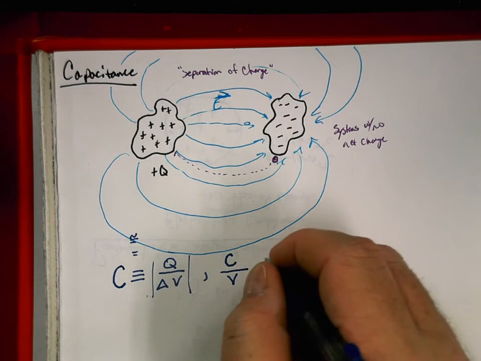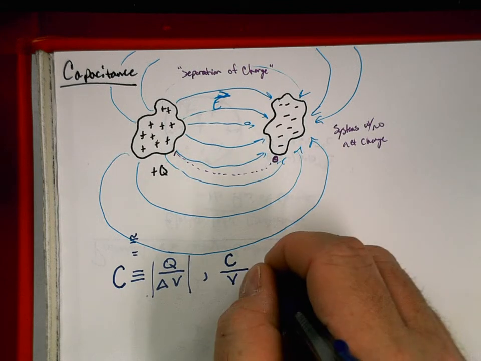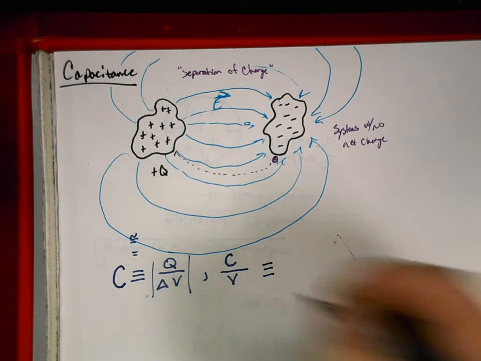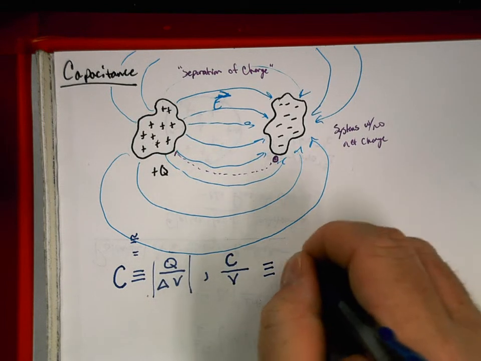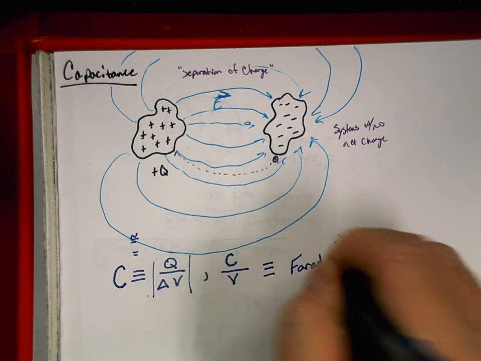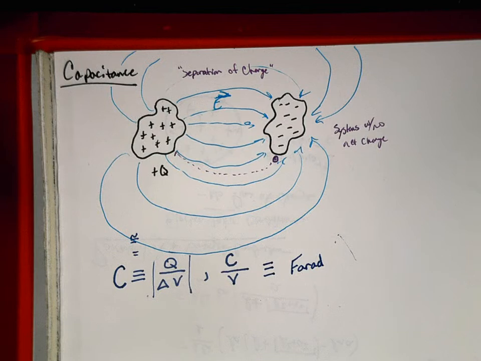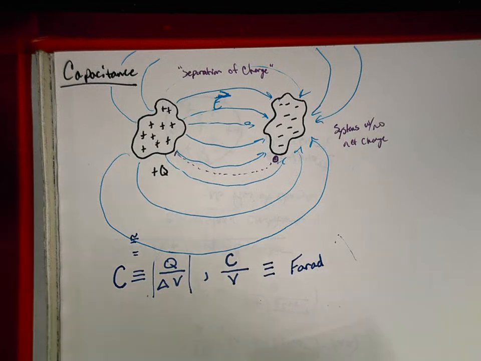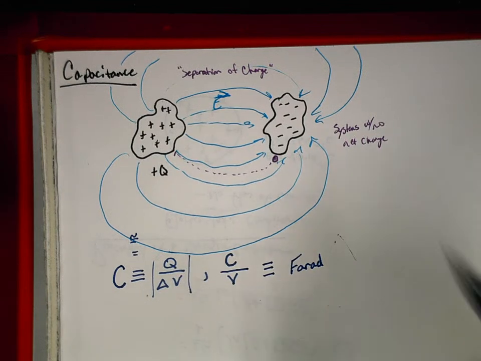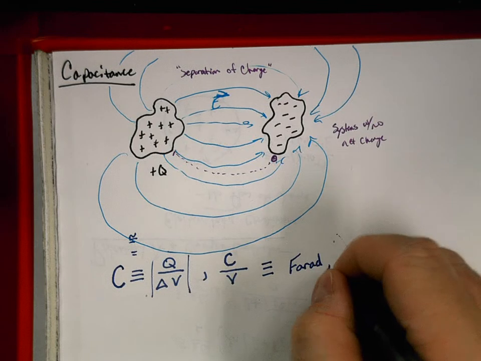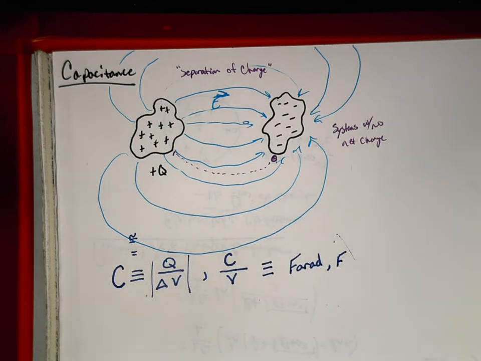The coulomb per volt is defined as a farad, which is named after the little short king in Shrek. No, I'm kidding. That's Farquaad. The farad is named after, of course, Michael Faraday. That unit has the abbreviation F.